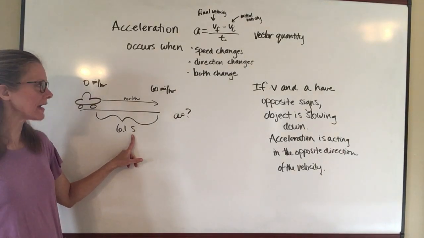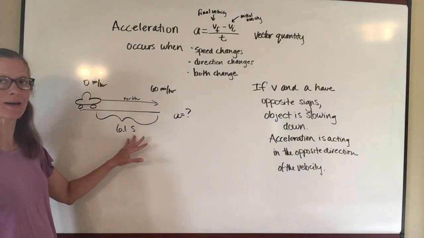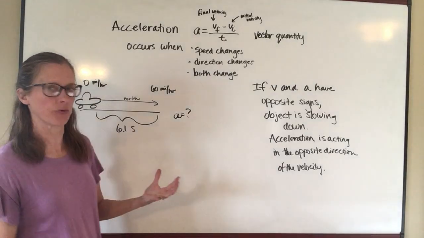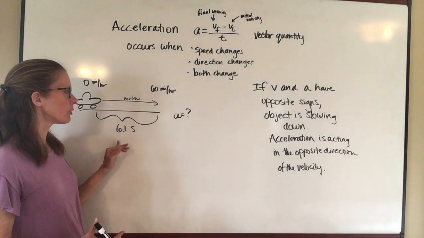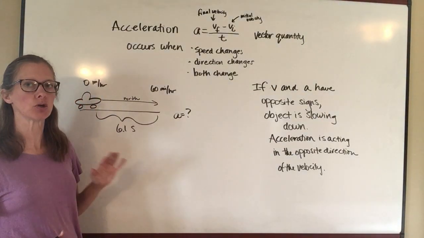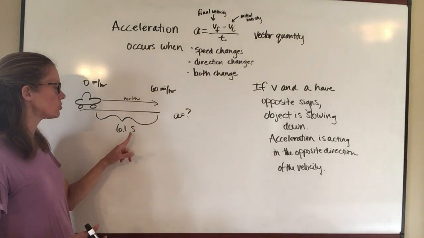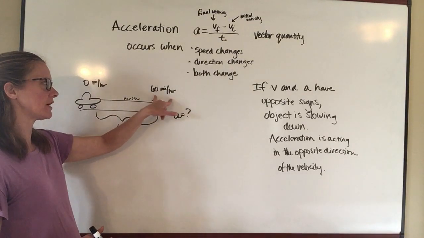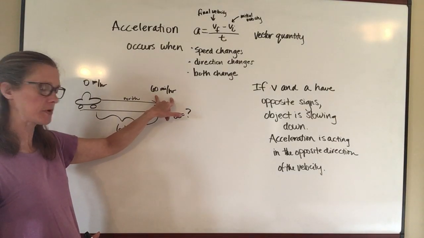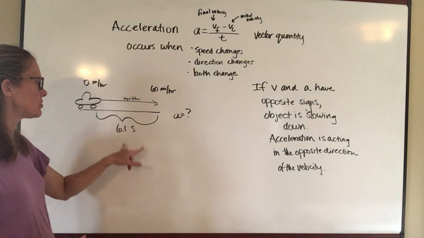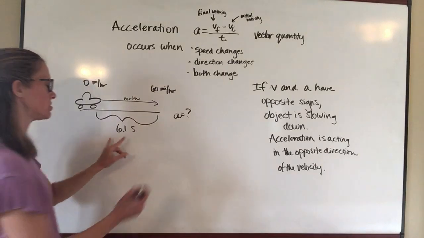That's a problem. I can't divide hours by seconds and end up with anything meaningful. So if you're going to do a problem like this, you have to make sure that your units are going to match. It will be easier to change seconds to hours than to try to change this, since there's a combination of units in it. So the first thing I need to do is change this to hours.